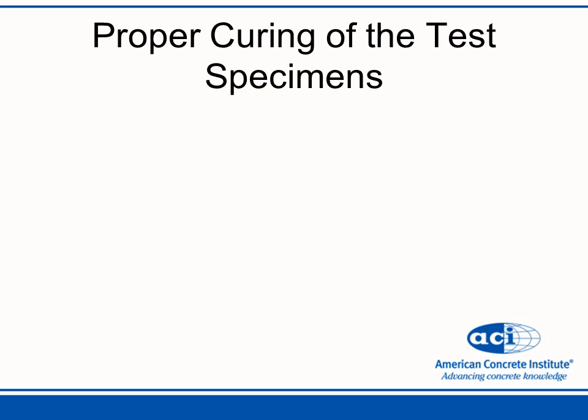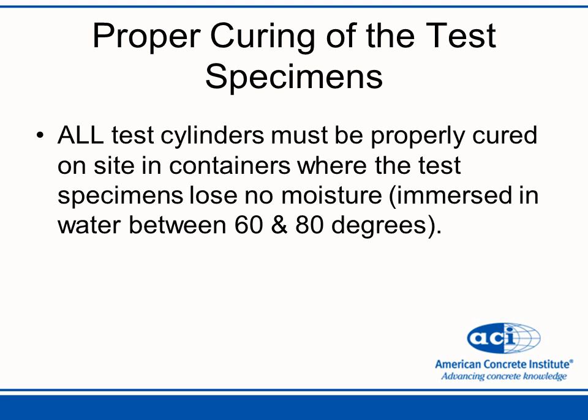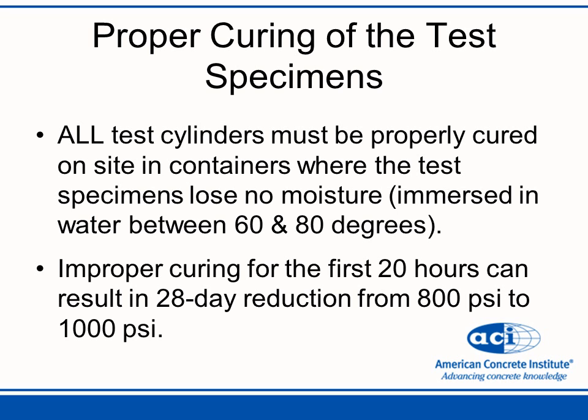And along with making the cylinders properly, I specified in my submittal that cylinders had to be properly cured so that the test specimens would not lose any moisture. Basically, they were immersed in water between 60 and 80 degrees, because if improper curing for the first 20 hours was not properly done, we could have a reduction at 28 days of 800 to 1000 psi.